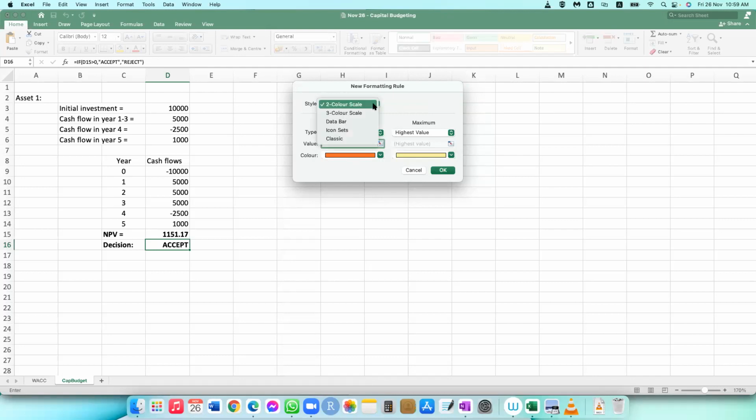There are different options: 2 color, 3 color, etc. Anyway, let us use 2 color because we have either accept or reject.